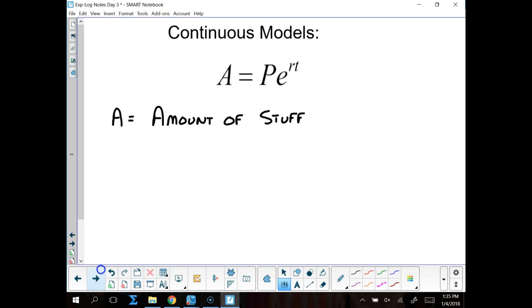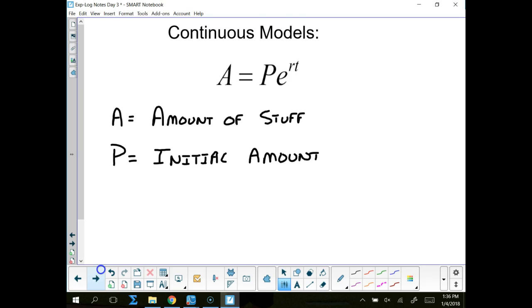Sometimes it might be bacteria living in a petri dish. It's going to be stuff. That's your amount. P is going to be your initial amount, your starting value. How many of the stuff you started with?